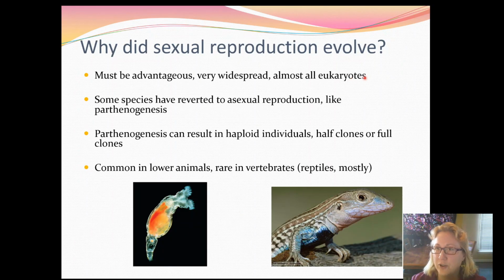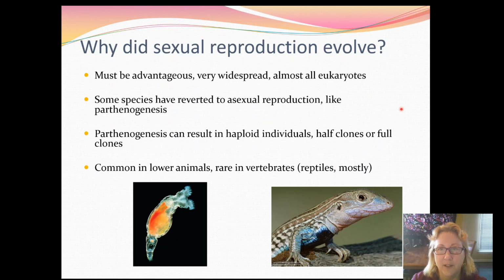So I mentioned earlier that sexual reproduction must have a very high advantage in evolutionary terms. So remember, things that are selected for by natural selection are things that make reproduction and survival more likely in a particular environment.